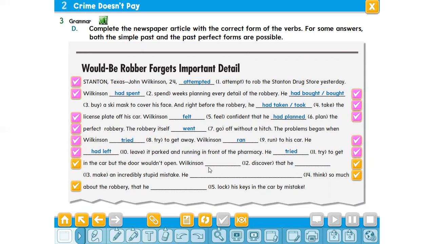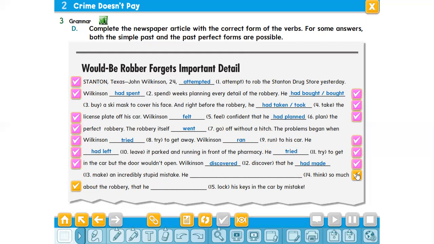Because Wilkinson discovered that he had made an incredibly stupid mistake. What's his mistake? He had thought so much about the robbery that he had locked his keys in the car.